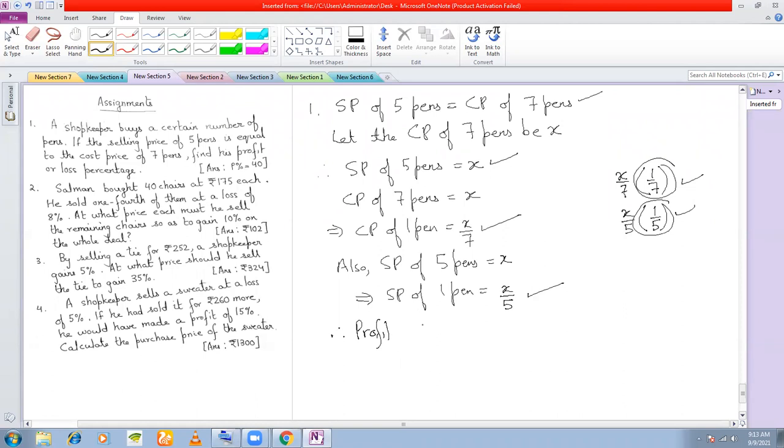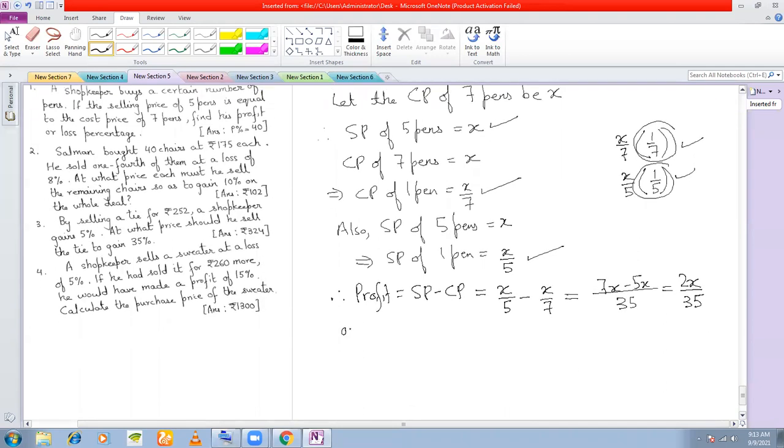Profit is equal to SP minus CP. X by 5 minus X by 7. Now you can take the LCM. 7X minus 5X equal to 2X by 35. This is your profit. So what should be the profit percentage?